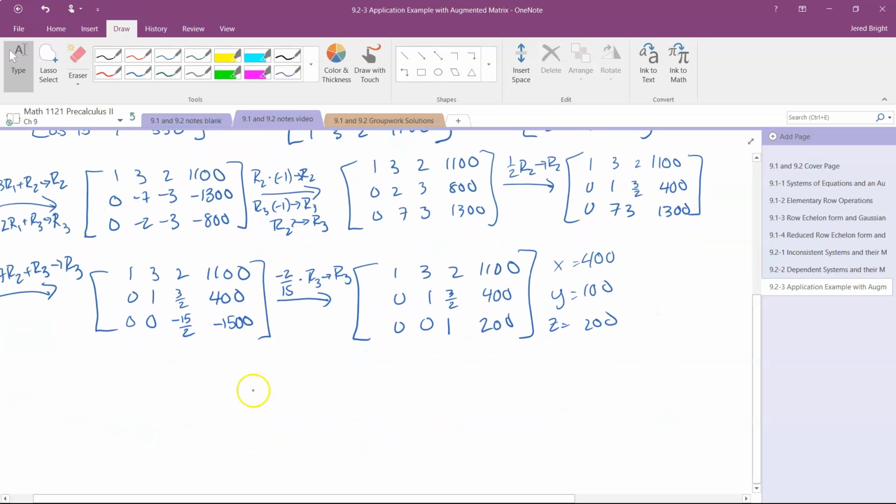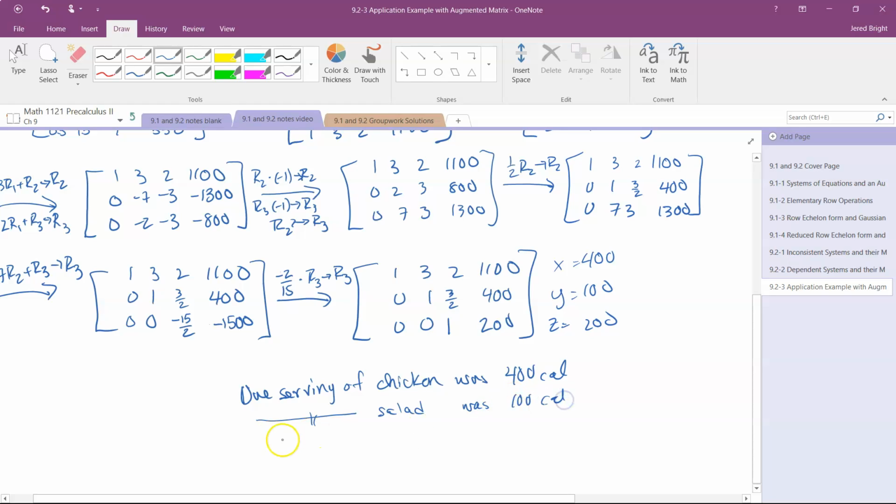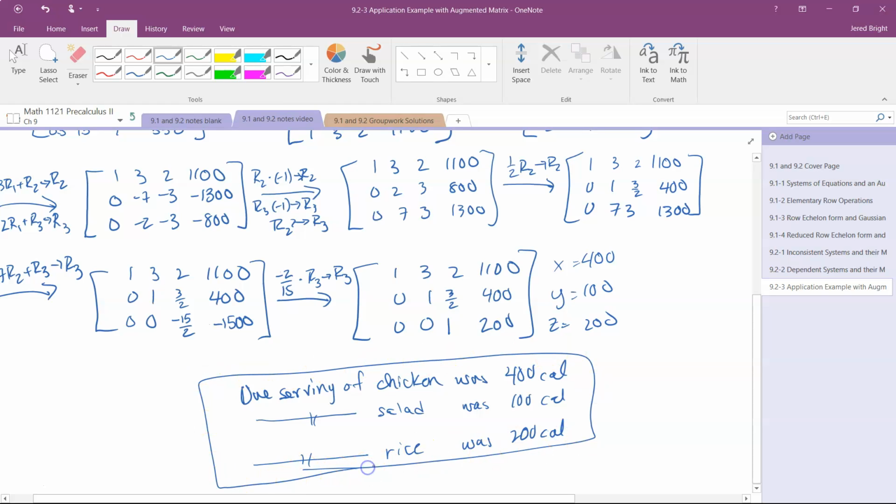So in context, that means one serving of chicken was 400 calories. One serving of salad was 100 calories. And lastly, one serving of rice was 200 calories. Okay, and boom, we have solved that.